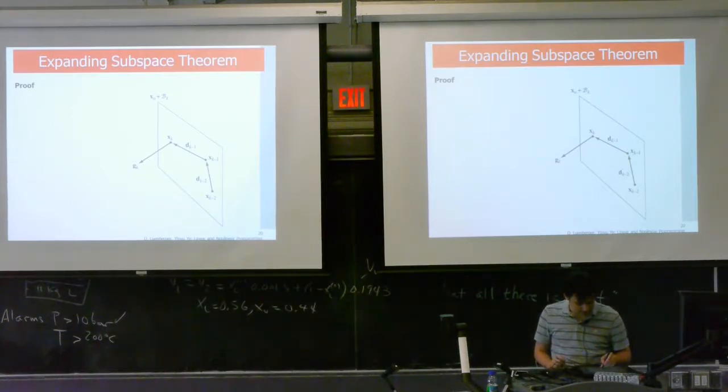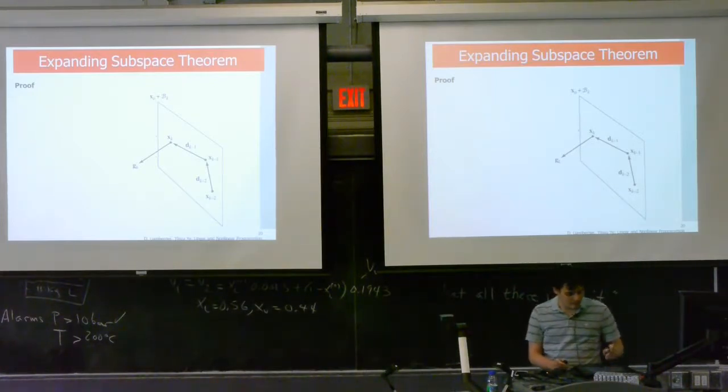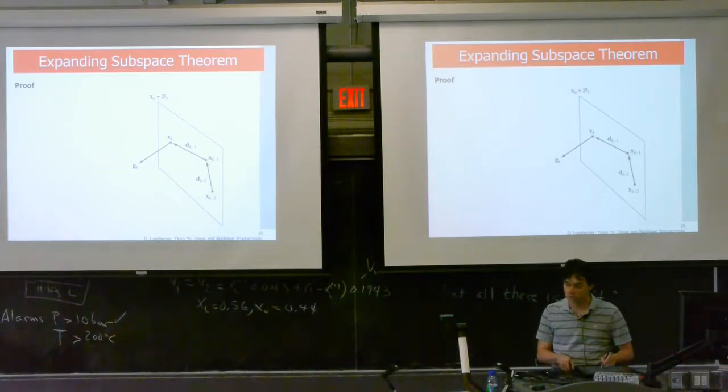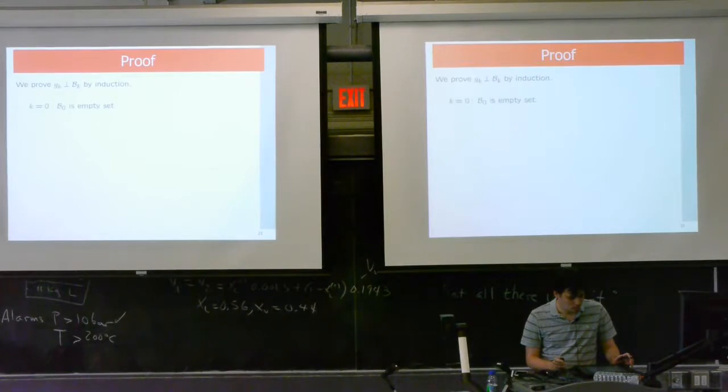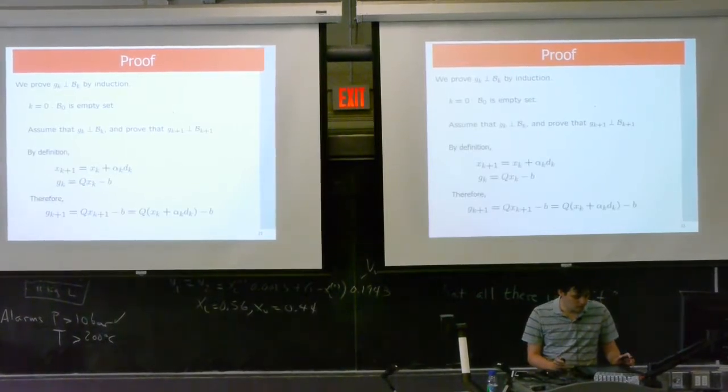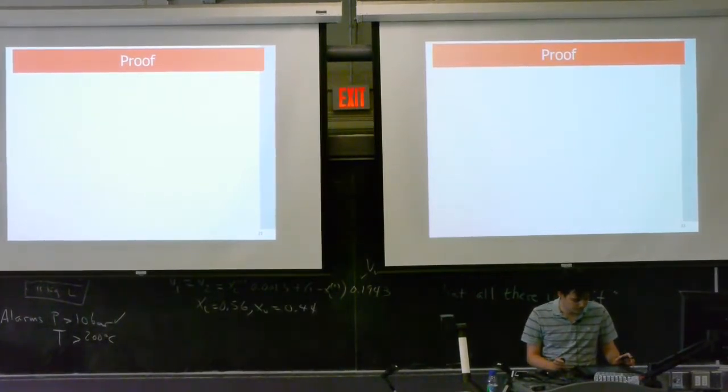And at that xk point, you will minimize your quadratic function restricted to this subspace. And the proof was that we proved that the gradient vector gk will be orthogonal to this Bk subspace. And we proved this by induction.